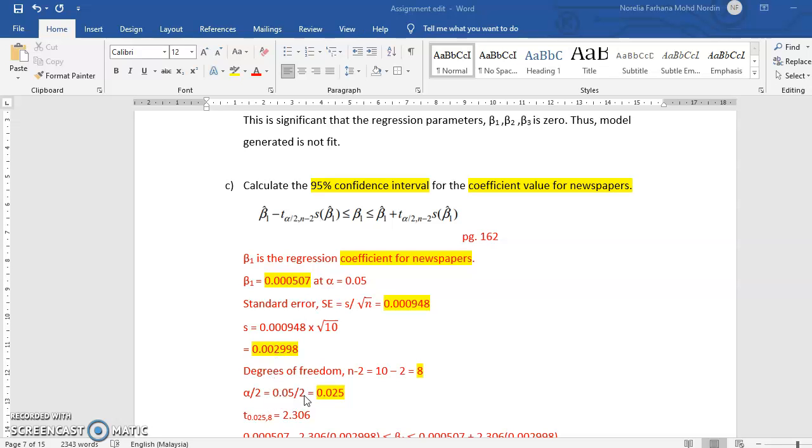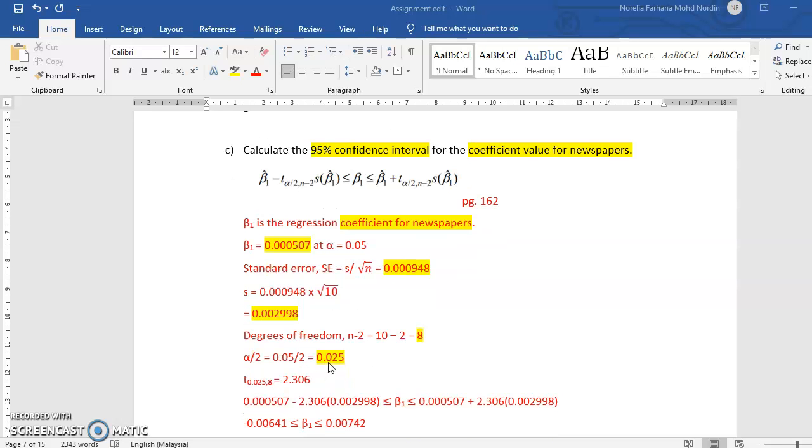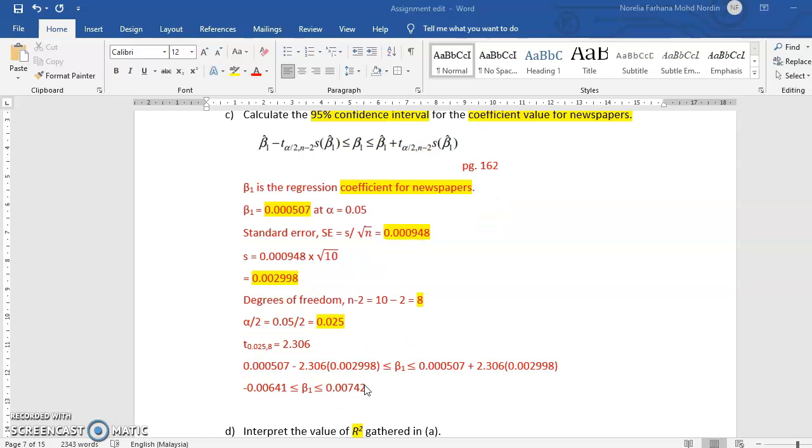Alpha is 0.05 divided by 2 is 0.025. Okay, so this is critical value from T table. Okay, before that, kita tengok equation ni actually left side and right side is equal except for minus and plus sign. Okay.